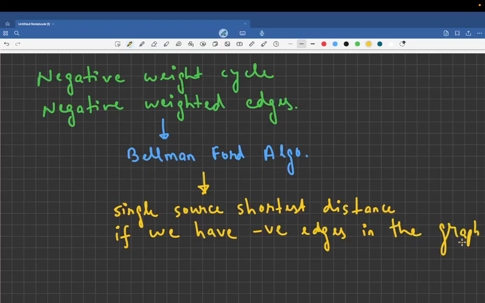Earlier we saw one more algorithm to get the single source shortest distance, and that was Dijkstra. But Dijkstra won't work if you have negative edges. So for that we use the Bellman-Ford algorithm. There is one more use case of Bellman-Ford. It helps you to detect negative weight cycles.